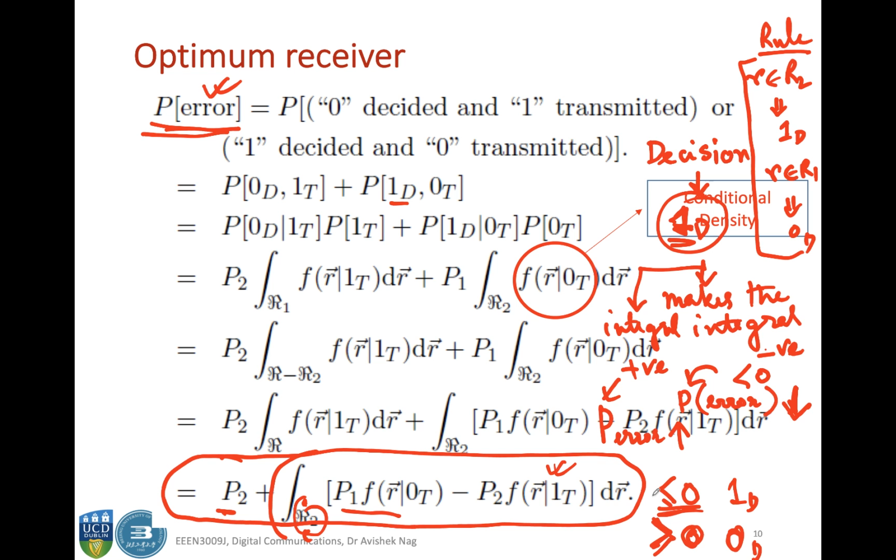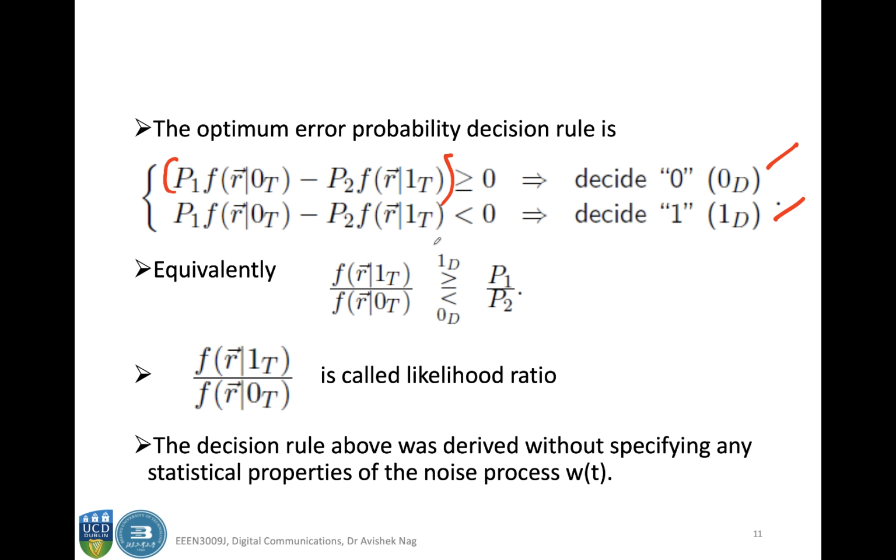So if it is less than 0, you decide 1, and if it is greater, then you decide 0. So this is the optimum error probability decision rule. If you decide like this, then your error probability is always getting minimized.